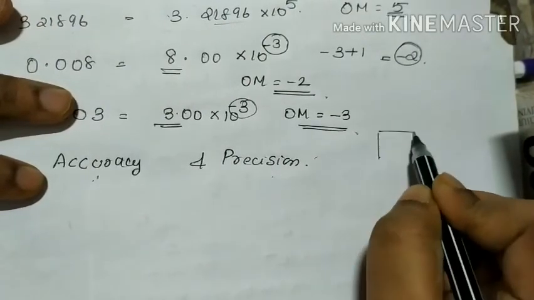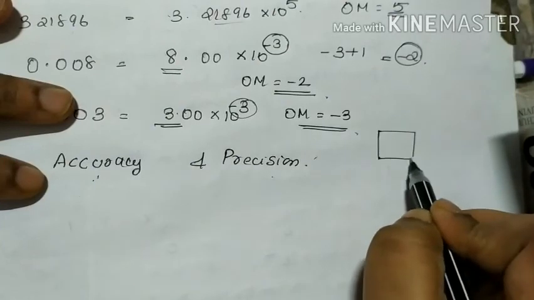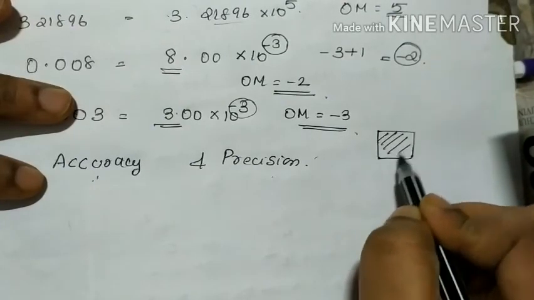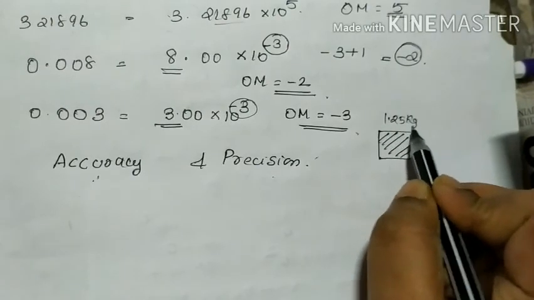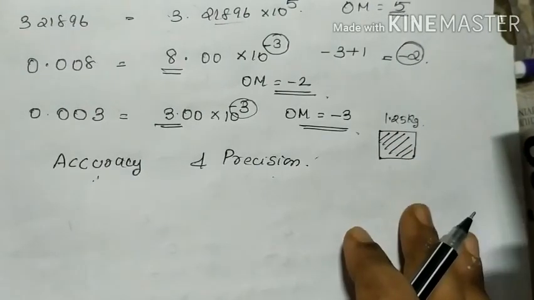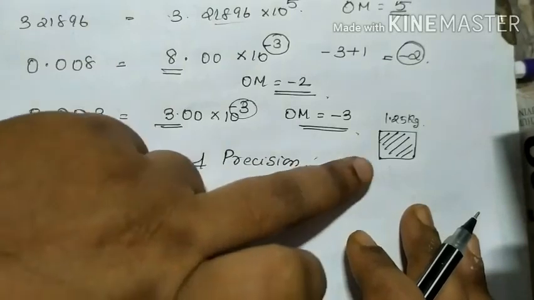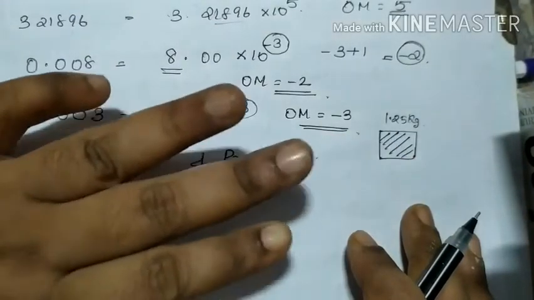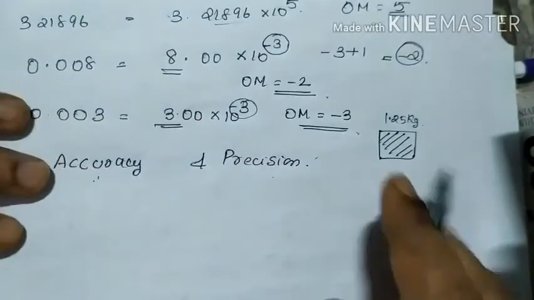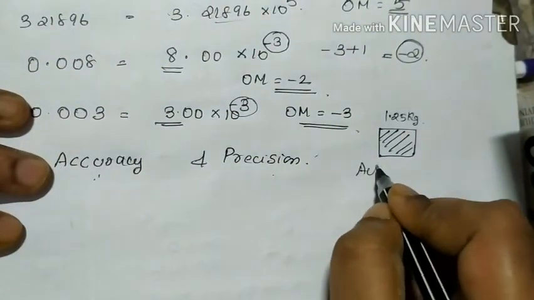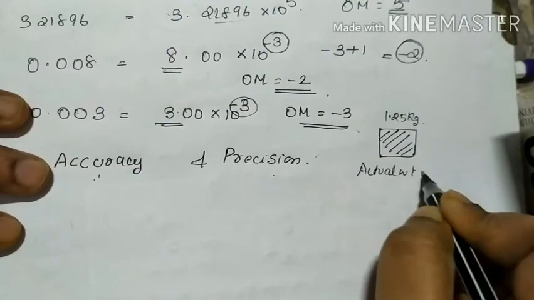See, suppose a company has released that this weight is 1.25 kilogram for sure. It's released by the company, right? So they are telling this weight is 1.25 kilogram, meaning damn sure it is the weight, or I can say its true weight or actual weight is how much?